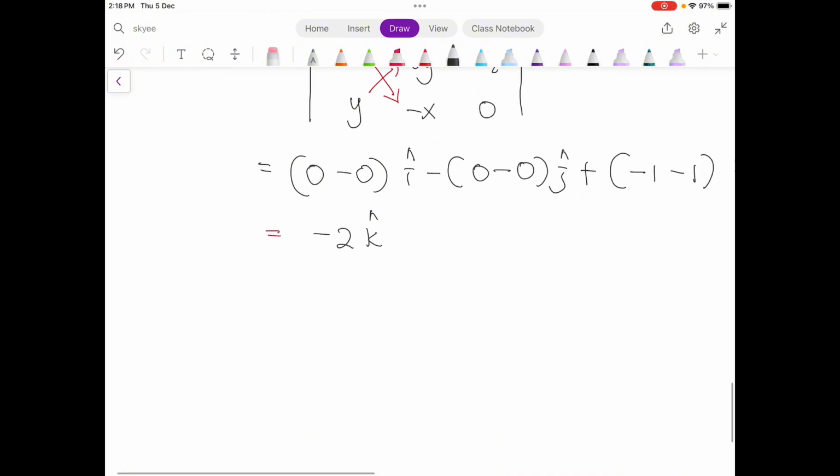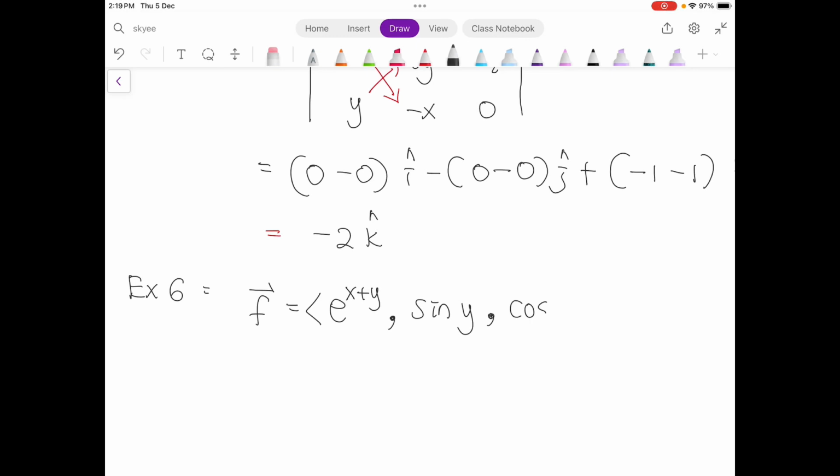Okay, we go to the next one. It is example 6. Let's say our f is equal to e to the power x plus y, comma, sine y, comma, and cos squared z.